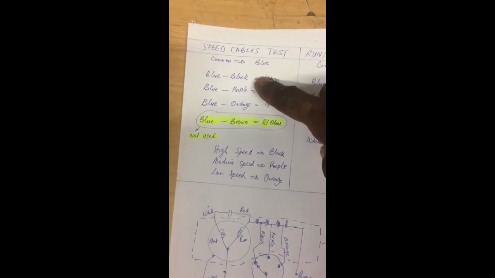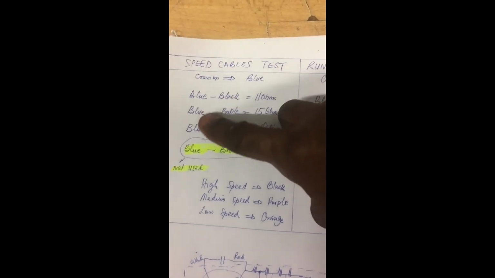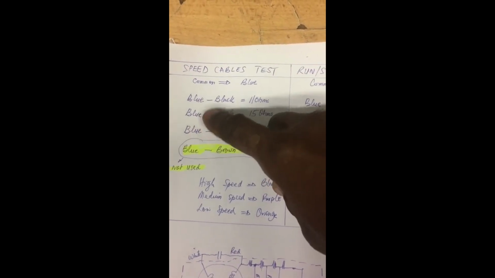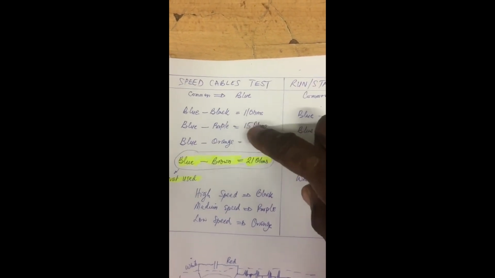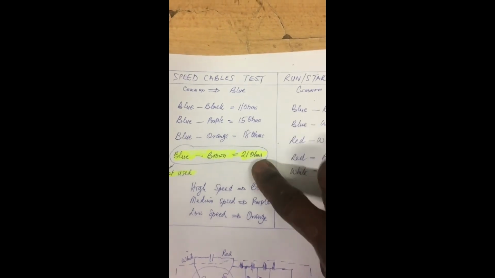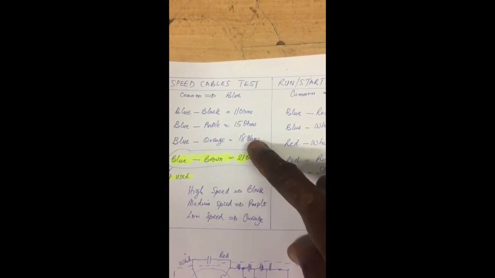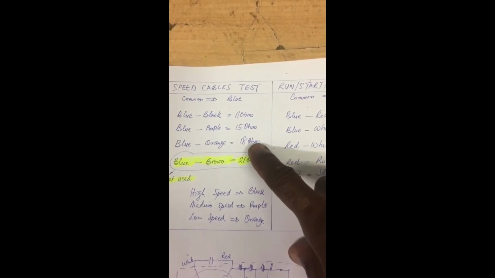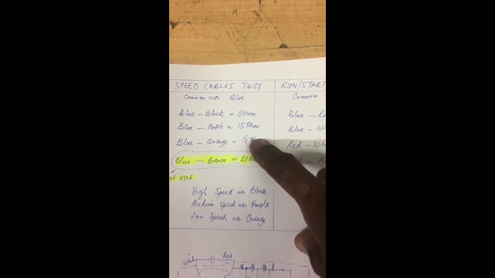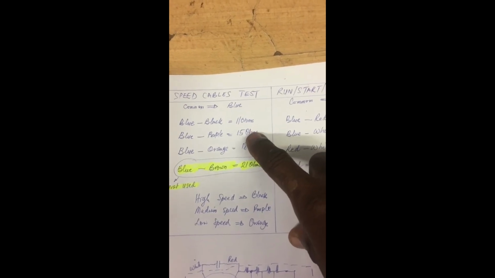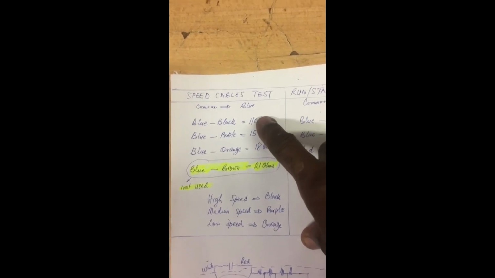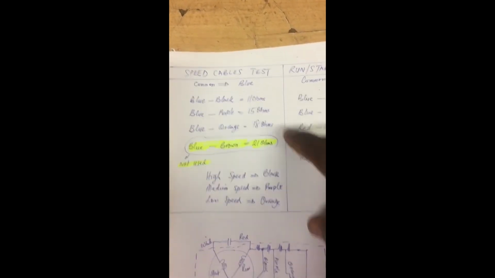If you look here now, you can see blue being the common during the speed cable test, with black having the lowest resistance and purple the medium. This is how we came to our decision that orange must be the lowest speed, while purple will be the medium speed and black will be the highest speed.